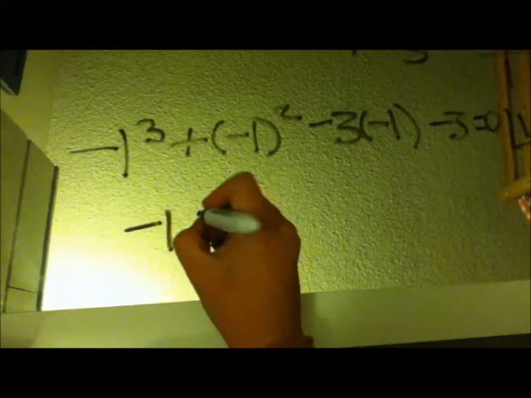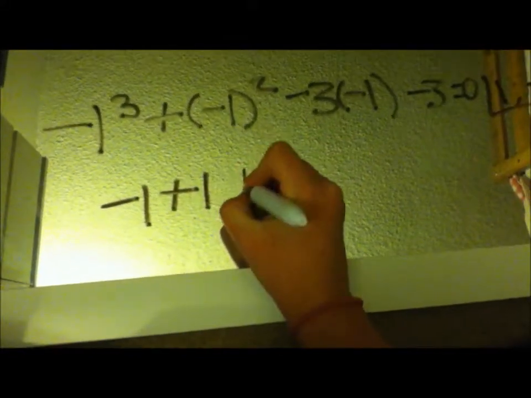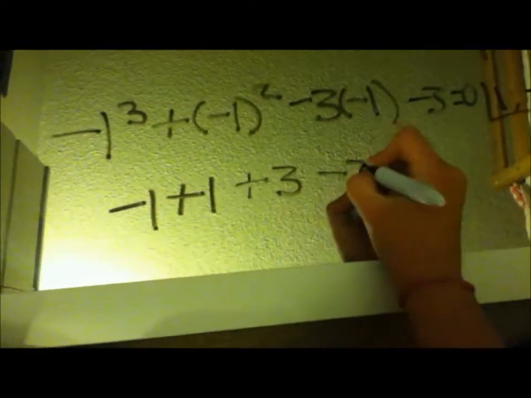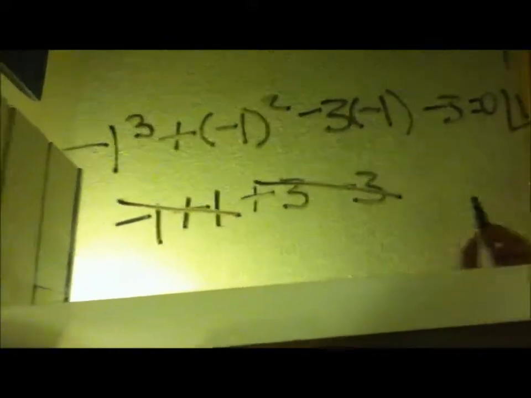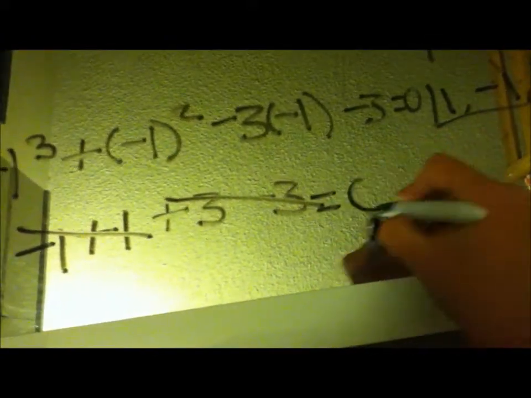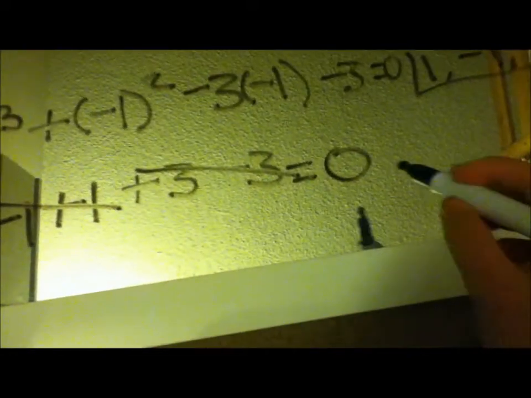Okay, so after we calculate this, we get -1 plus 1 plus 3 minus 3. These cancel out, and these cancel out, so that would equal 0. So that's your answer, -1. So x is equal to -1.